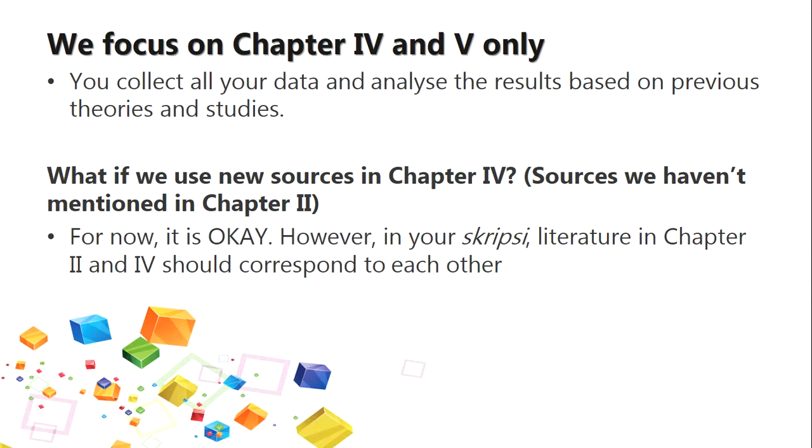There is perhaps a question: what if we use new sources in chapter 4? Meaning sources we haven't mentioned in chapter 2. For now, it is okay. However, in your scriptsheet, literature in chapter 2 and 5 should correspond to each other. So for this semester, it is totally okay for you to have new sources, meaning sources that you haven't mentioned in chapter 2, for example if you need to use those sources to analyze your results, the data in chapter 4.